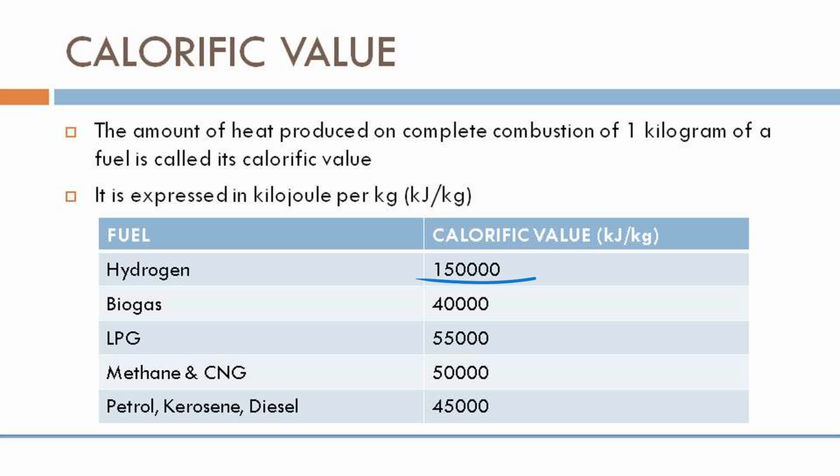Biogas has 40,000 kilojoules per kilogram. Liquefied petroleum gas or LPG has 55,000 kilojoules per kilogram. Methane and compressed natural gas have 50,000 kilojoules per kilogram, and petrol, kerosene and diesel all have calorific values in the range of 45,000 kilojoules per kilogram.